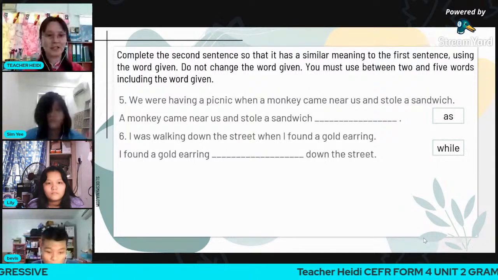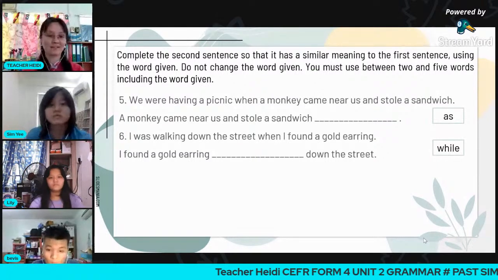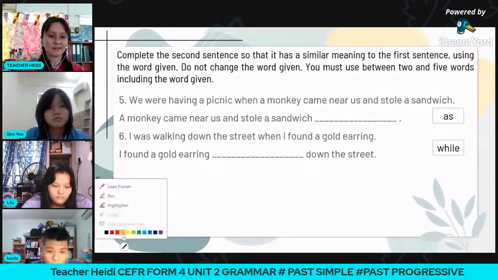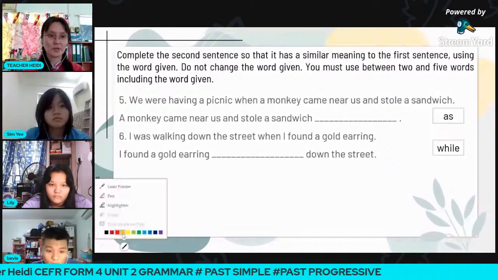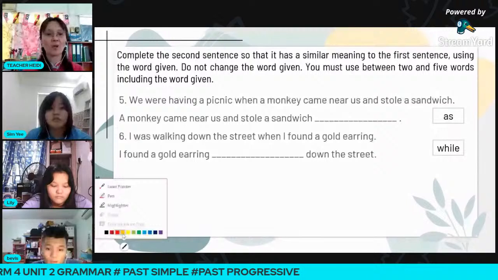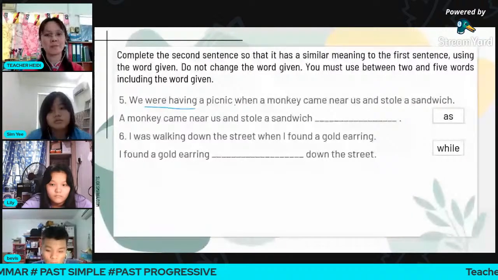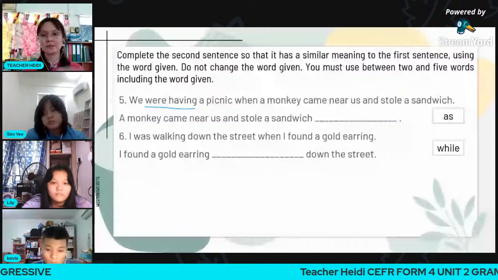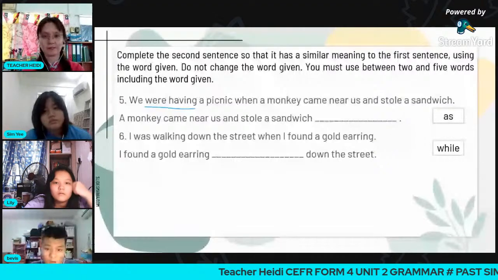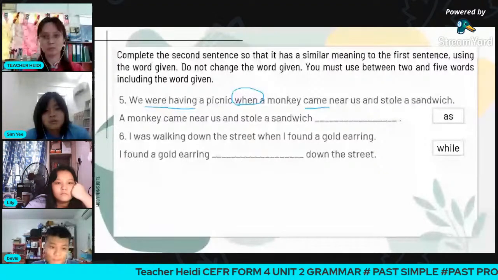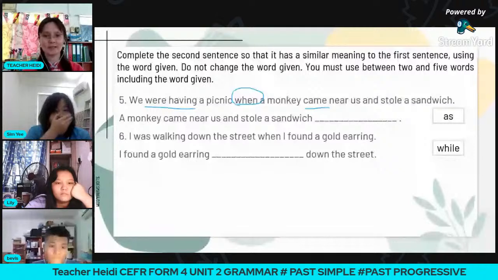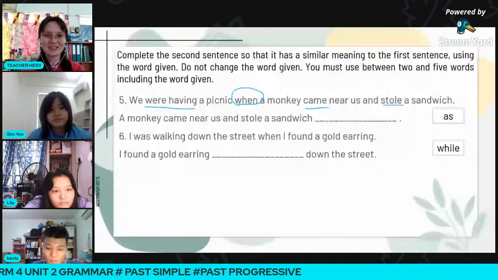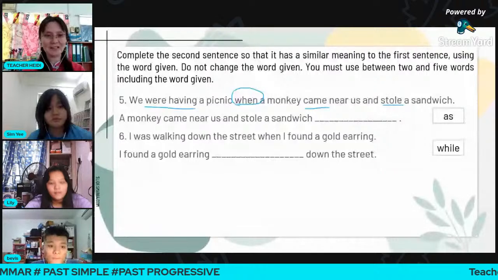Okay, we were having a picnic when a monkey came here. See? This is continuous, then this is simple past. Of course, there are two: came, stole. This is a very mischievous monkey. So a monkey came near us and stole.